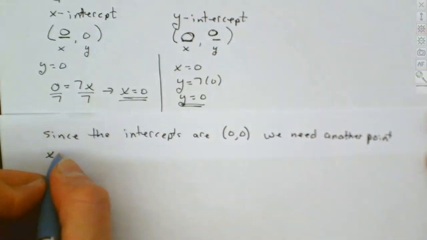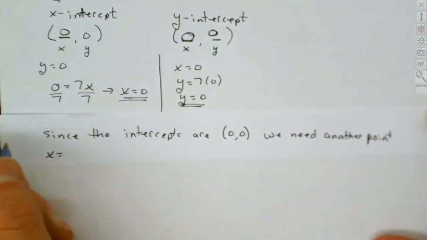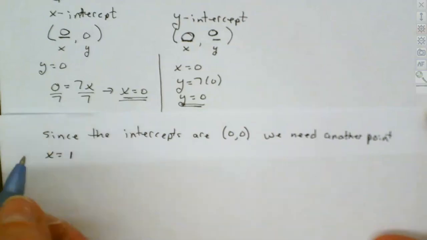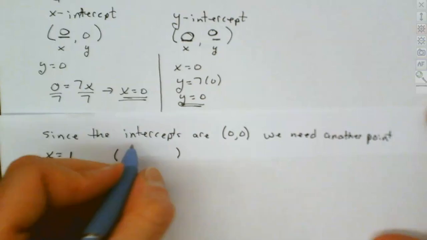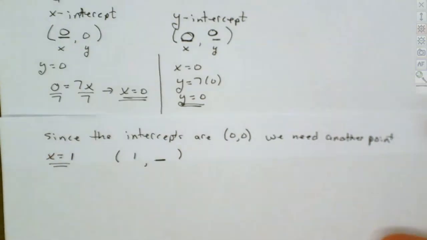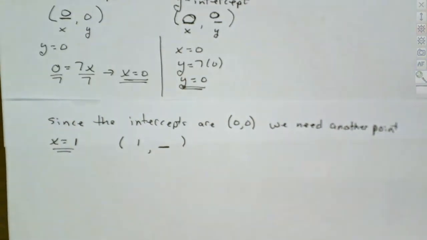So I'm going to use x equals 1. You can use any point that you want, any value for x. And so we're going to plug in 1, and we're going to fill in the missing part. We want to keep it pretty easy. So if we've got the double 0, you need another point.